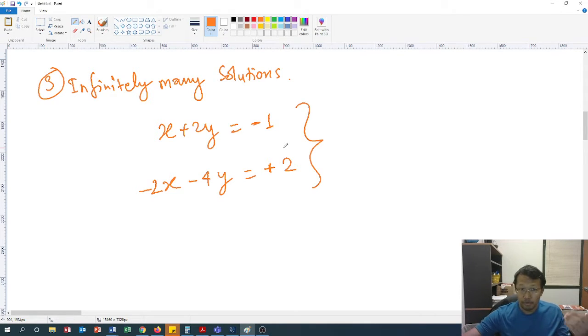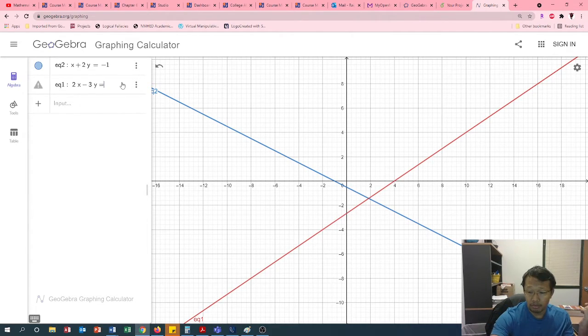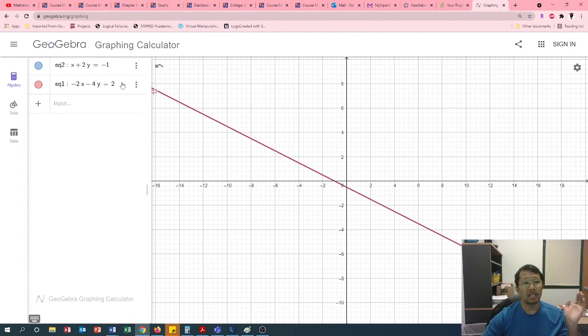So if you head over to the same web application and write that, and change that, that was 2, and this is 4, and this is negative. Now if I press enter, you can see that both of them are overlapping with each other. Now I am disabling the second equation, and if I enable that, they overlap with each other.